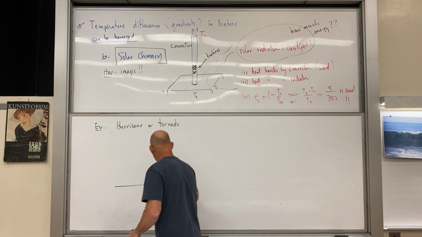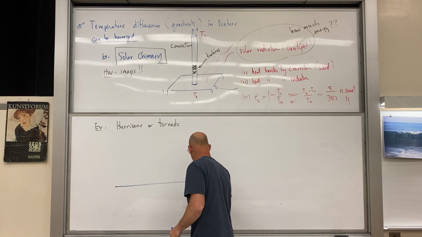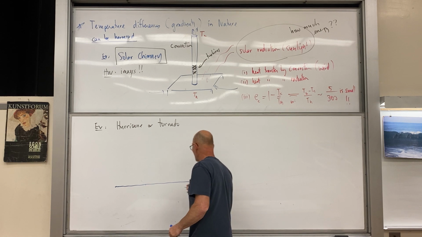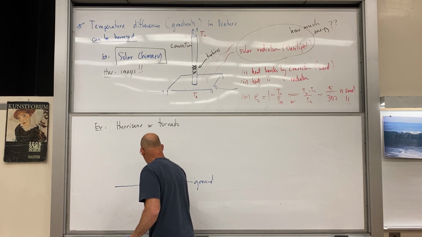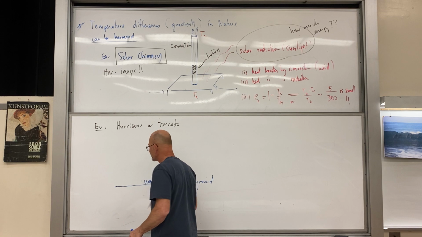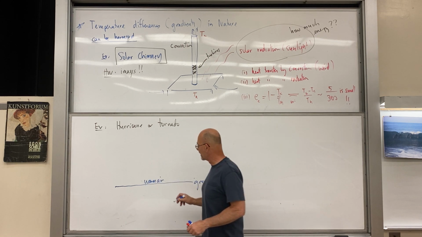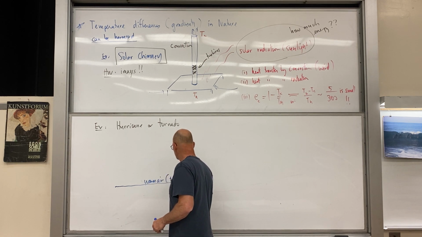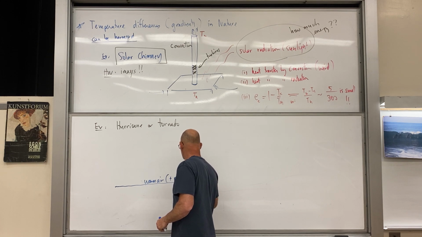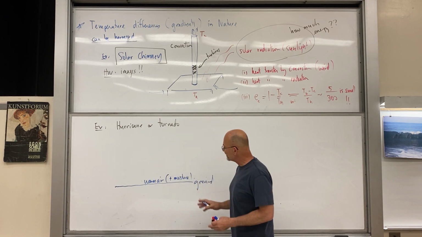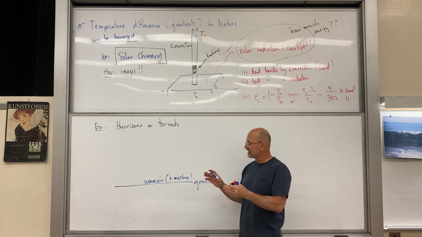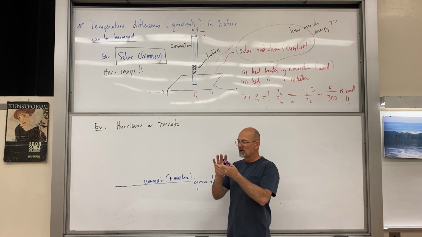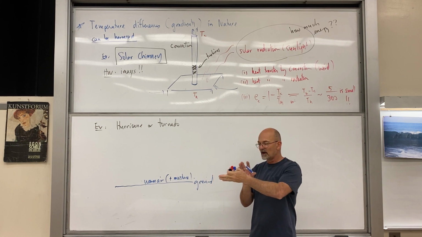We have, here's the ground. We have warm air. If it's moist air, it's even better. Okay, moist plus moisture. And we have some kind of atmospheric condition that has the winds opposed to each other.